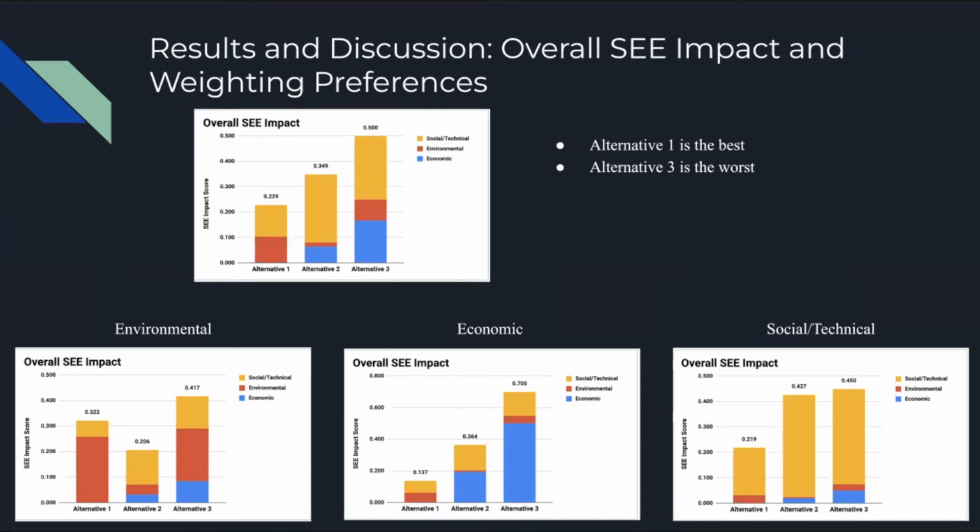In terms of economic factors, alternative 3 is heavily affected by economic factors, while alternative 1 really has no economic factor factoring in. And for the social and technical graph, all 3 of them are affected pretty badly, but alternative 1 has the least damage there.